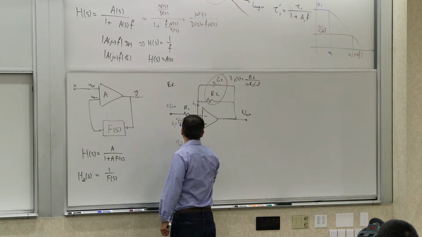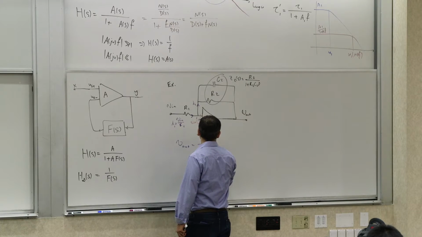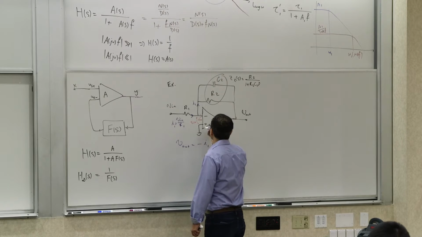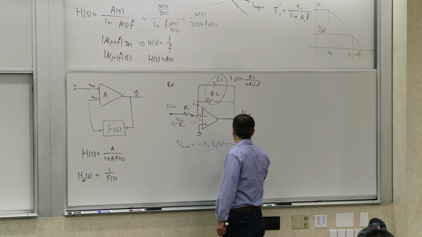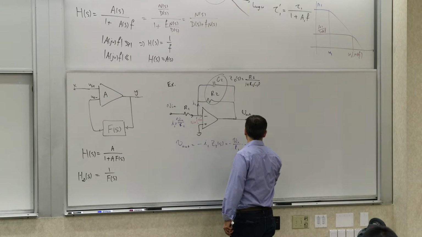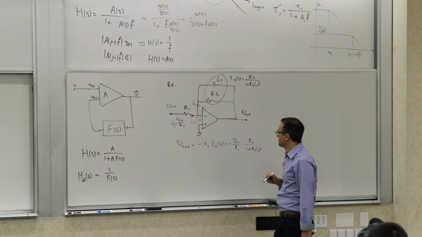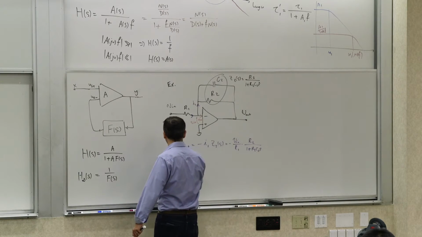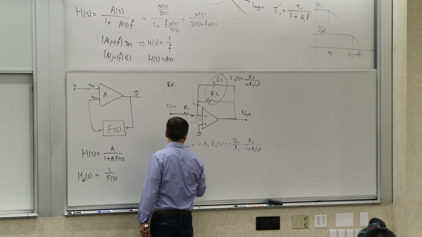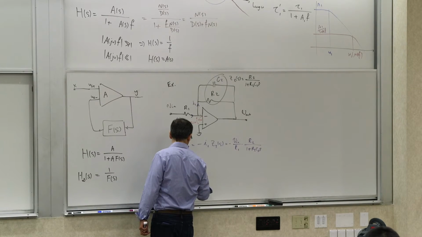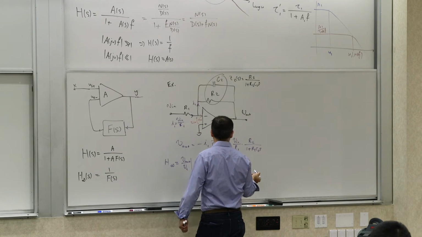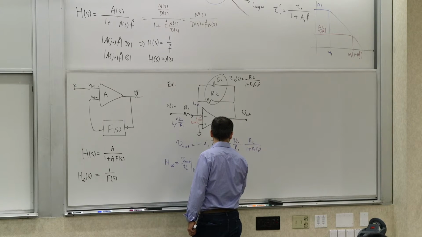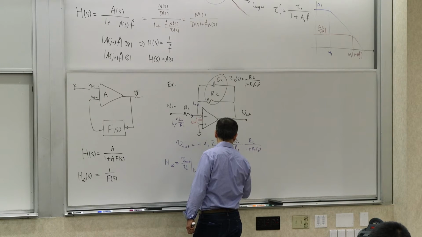So V out is going to be negative I1 times Z2 of S, which is negative V in over R1 times R2 over 1 plus R2 C2 S. So V out over V in, H infinity, the asymptotic transfer function, is negative R2 over R1, let's write it this way, times 1 over 1 plus R2 C2 S.